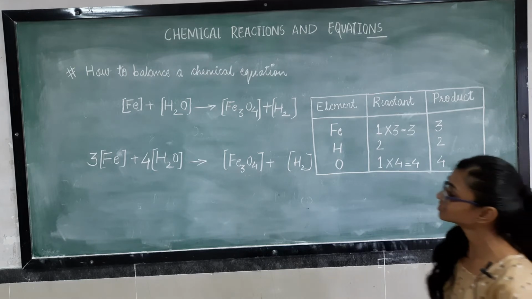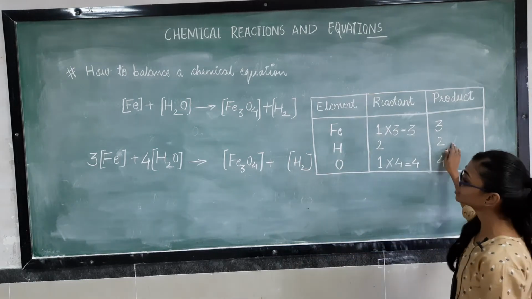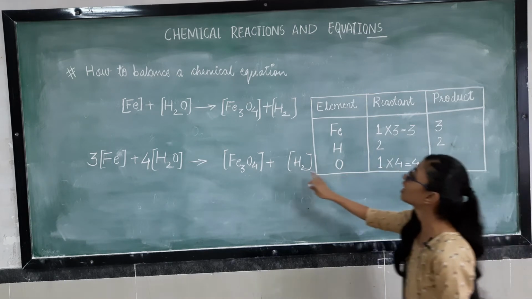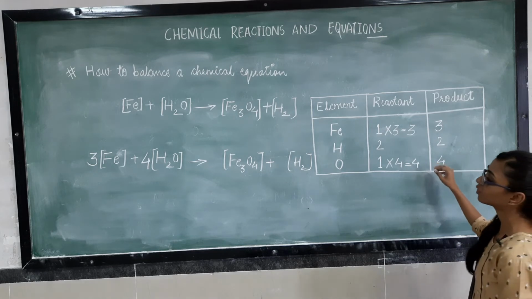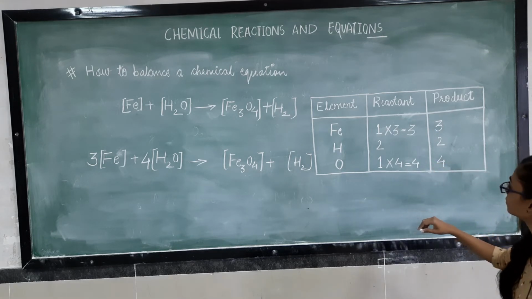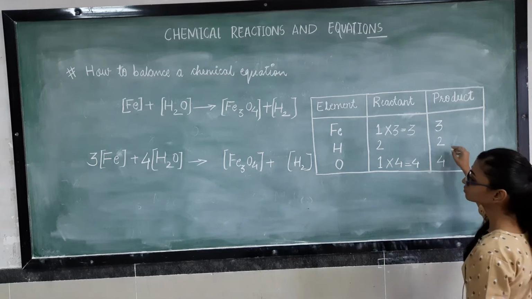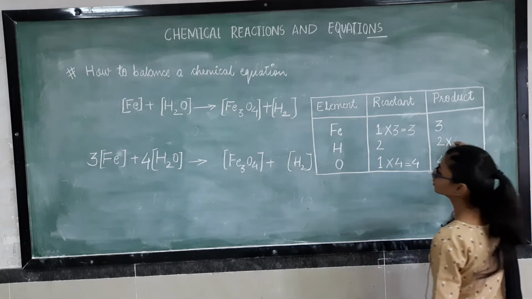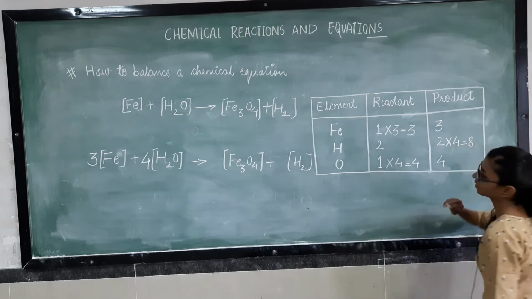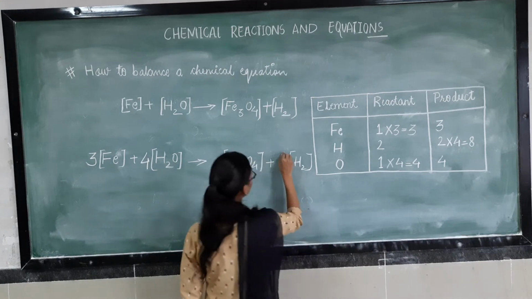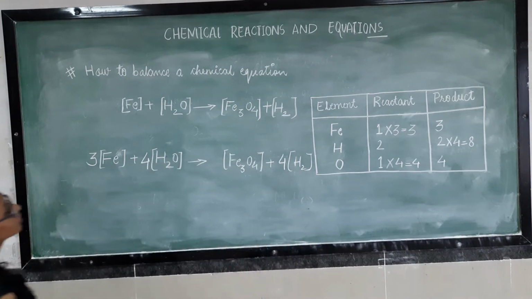To balance this hydrogen, we have to increase the amount of hydrogen in this product side. So here 2 into 4 will become 8. So we will multiply this hydrogen with 4, so we can get a balanced chemical equation.